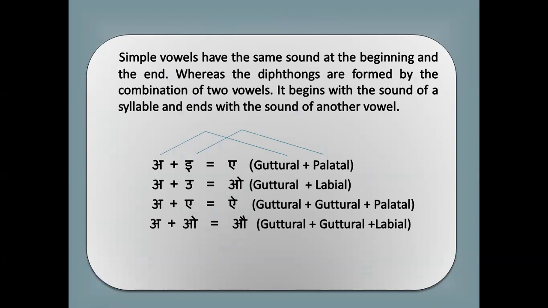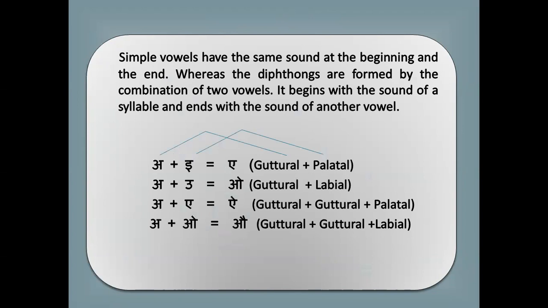So that is what is shown on the screen. You can see A plus E. The combination of the sound of A, which is guttural, the sound comes from the throat, and E, the sound comes from the palate, which is palatal. So guttural plus palatal is I.